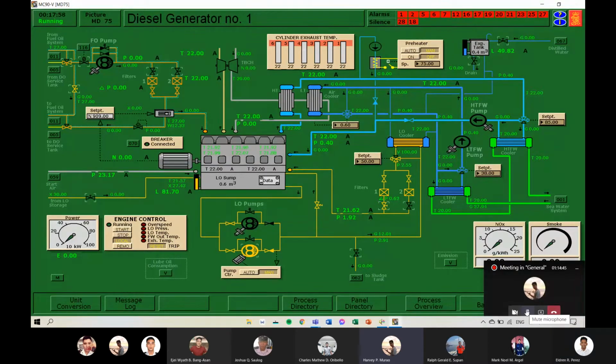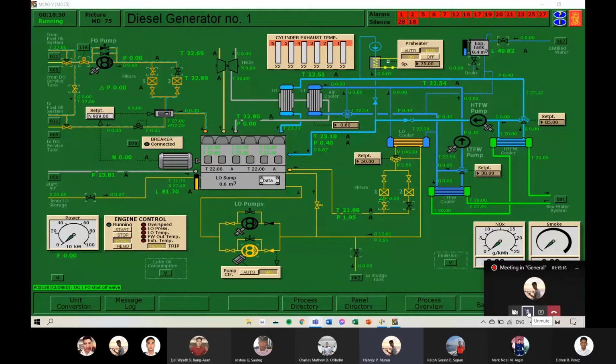Next. Chief Engineer Perez, sir, switch on the electric preheater with a set point of 75 degrees Celsius. Done. Open the number 1 diesel oil filter. Done. Open the pump suction valve fuel. Done.